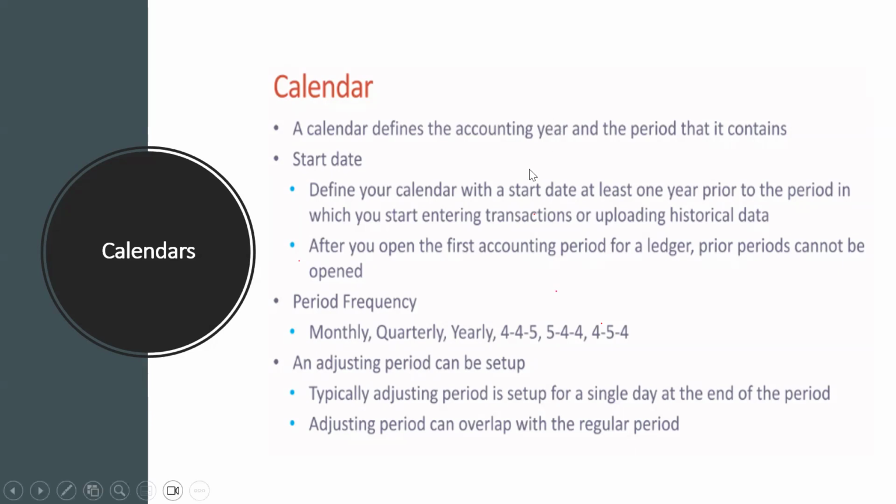We have different frequencies: monthly calendar, quarterly calendar, yearly calendar. What is monthly, what is quarterly, what is yearly? Monthly is a duration of 1 month, about 30 days, so one month is considered one period.